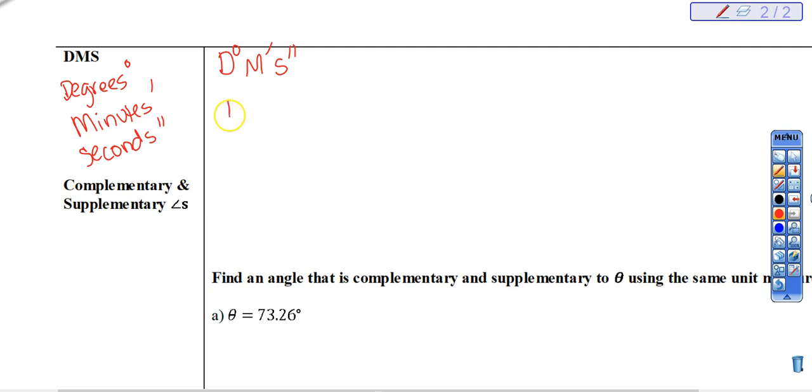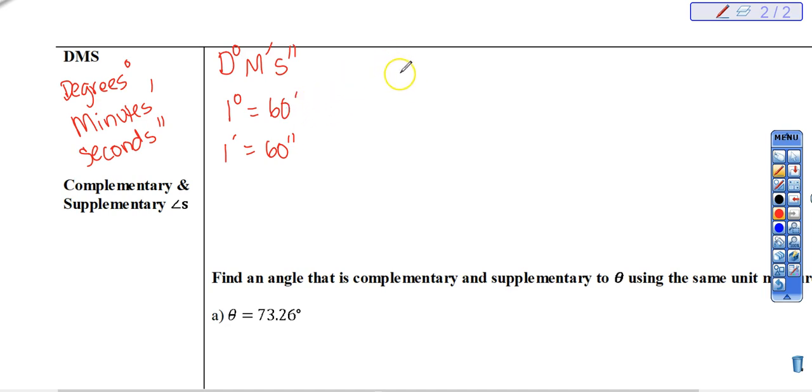So here's what you need to know. 1 degree is equal to 60 minutes, and 1 minute is equal to 60 seconds. You can kind of think of degrees like hours in regards to minutes and seconds. But know that there are not 360 hours in a circle, right? There's only 12 hours in a circle. So don't confuse it too much.